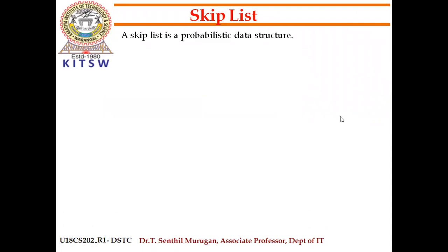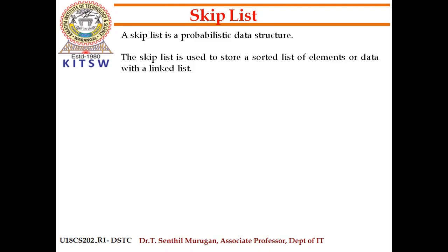The skip list is a probabilistic data structure. The skip list is used to store a sorted list of elements or data with a linked list. It allows the processing of the elements or data efficiently.